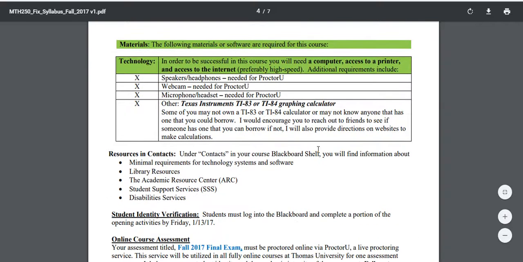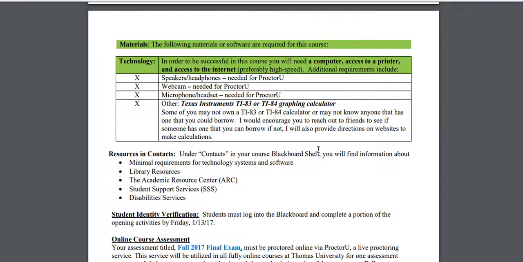Alright, so for ProctorU, this is important. I'm going to go through this so you hear it here, and you see it in an email later. For ProctorU, you have to have speakers. You have to be able to hear the proctor. You have to be able to talk to them. So speakers and headphones of some kind, like your iPhone headphones work really well for that.